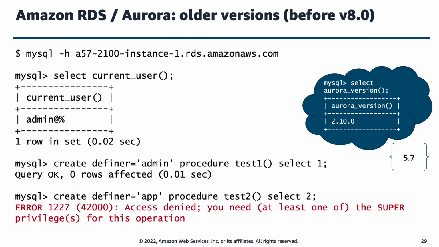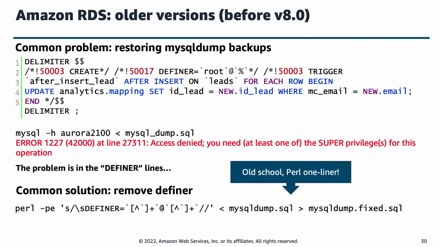And that was very inconvenient in one particular case: restoring MySQL backups. Think about this scenario. You're migrating to the cloud. You need to copy your data from your on-prem database to a relational database as a service, or any database as a service offering. What you do is a MySQL dump, and you restore the MySQL dump to your cloud database. In many cases, people have been creating objects with root as the definer, because it's the most convenient.